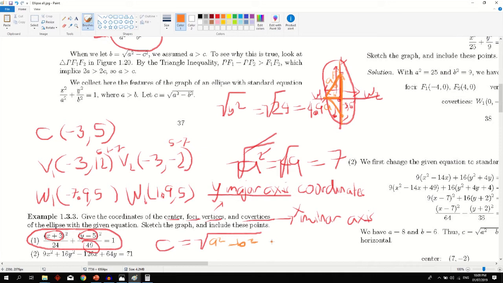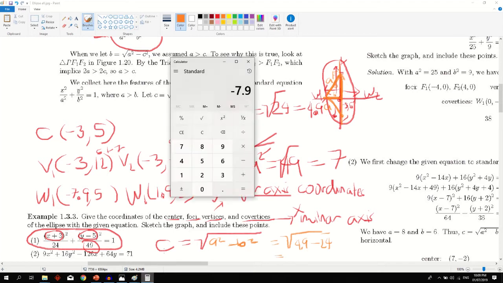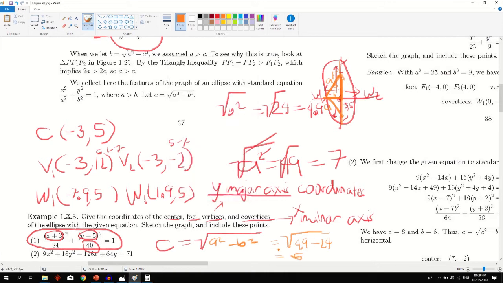Then what is our c? What is our A? It is 7, so we need just 49 minus 24. We use our calculator. The square root of 49 minus 24 is equal to 5.